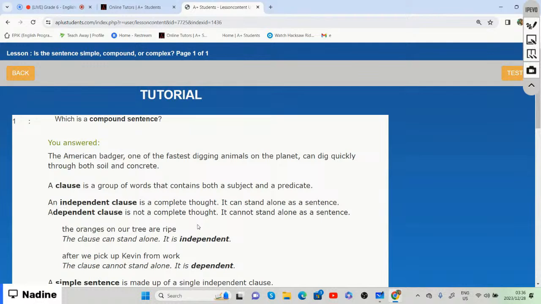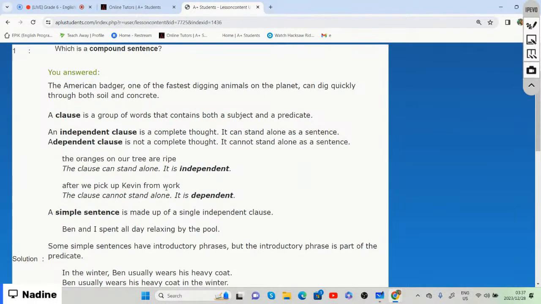And we then mentioned that an independent clause is a complete thought and it can stand alone as a sentence. And a dependent clause is not a complete thought, so it cannot stand alone as a sentence, right? For example, "The oranges on our tree are ripe."